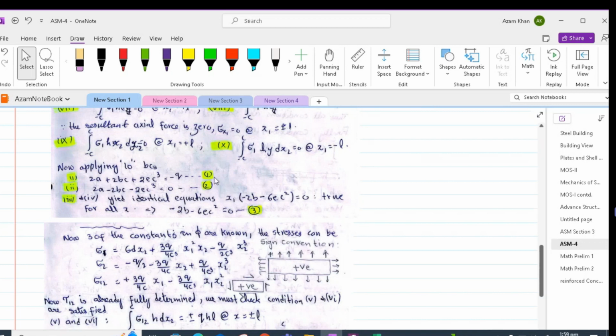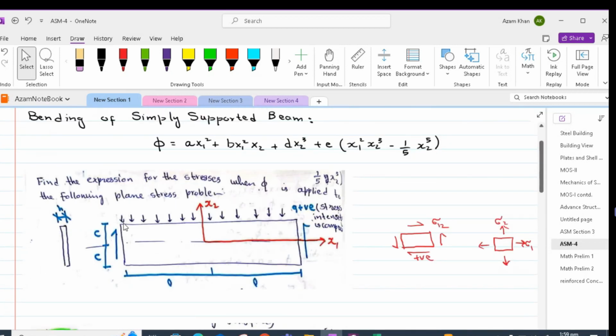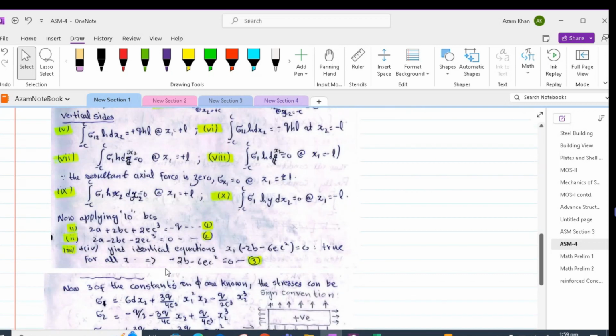Now we have three equations 1, 2, 3 in three unknowns, i.e. A, B, and E are unknown. Remember that C is actually half depth of the cross section. So C is known.